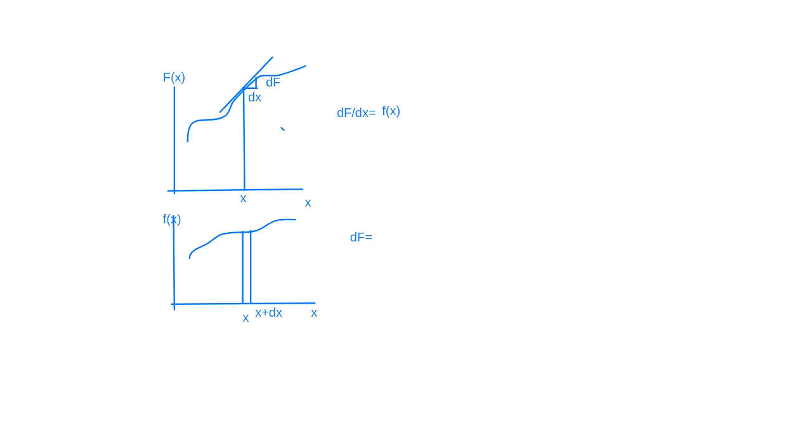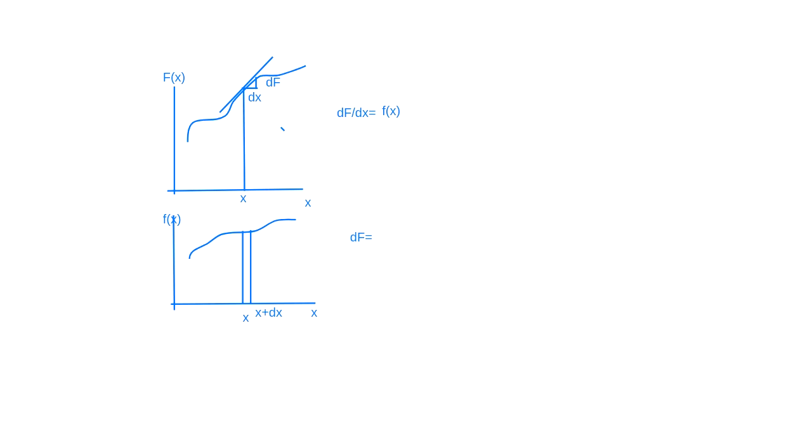Now we see that in this graph, df is the small increment, the small rise in the capital F function, right? In the lower graph, the same numerically the same quantity is equal to f(x) times dx.